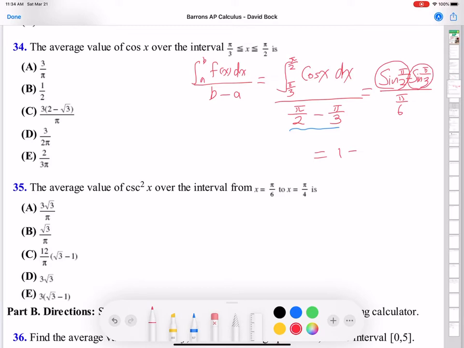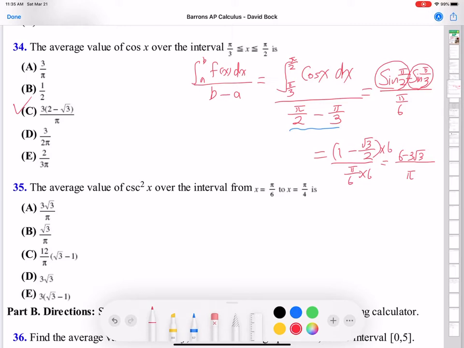Sine 60 degrees, root 3 over 2, over pi over 6. Times 6 in top and bottom, so bottom is just pi. Top will be 6 minus 3 root 3. So C is the answer.